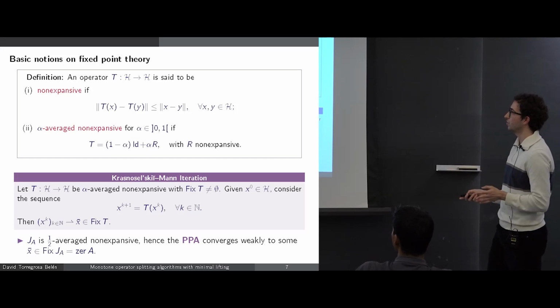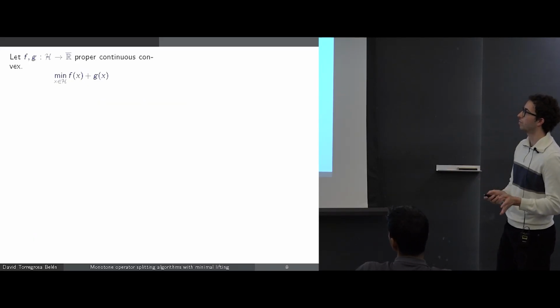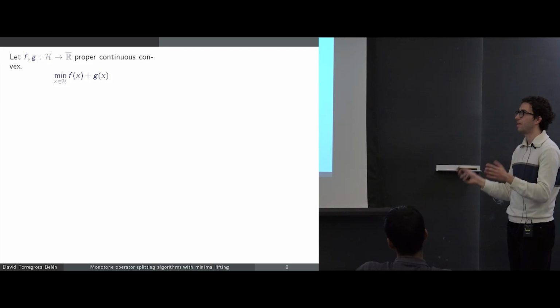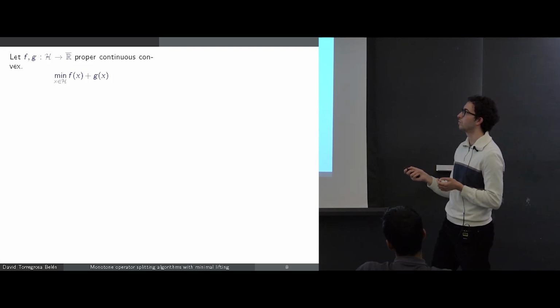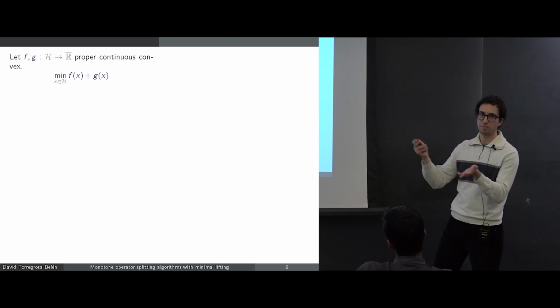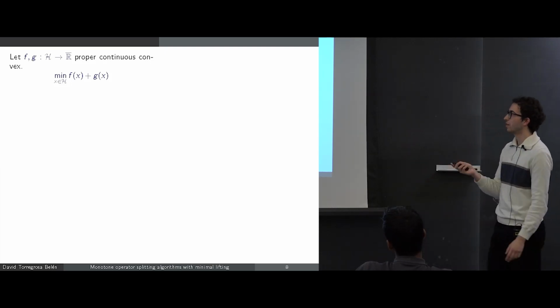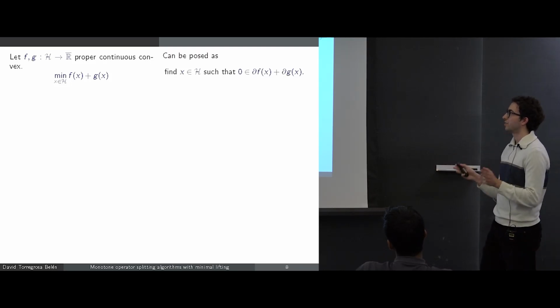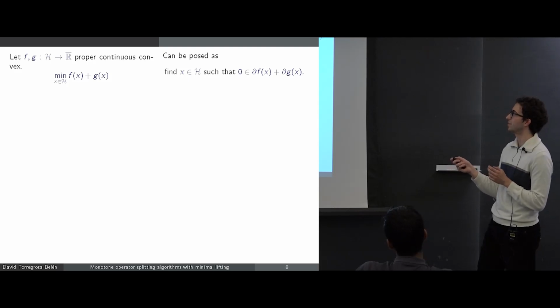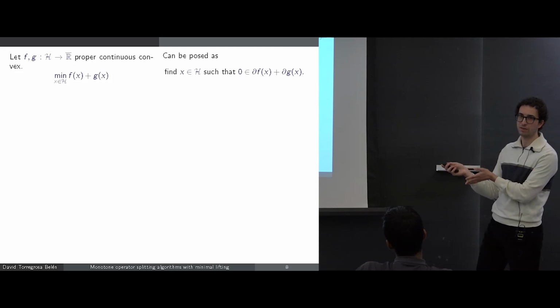Okay? So that was the case for one operator. What happens if we have a more complicated problem and now we want to minimize the sum of two convex functions? In order to solve this, under some conditions, you can write this problem as the problem of finding a zero of the sum of the subdifferentials of these functions.